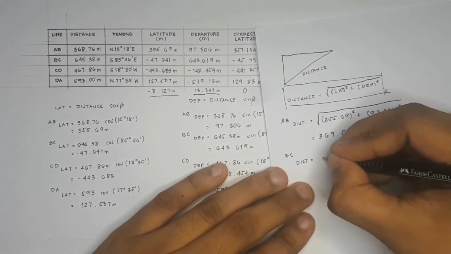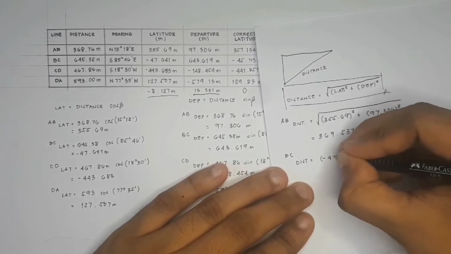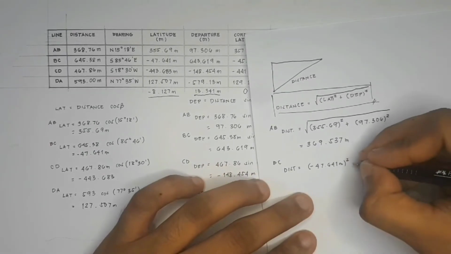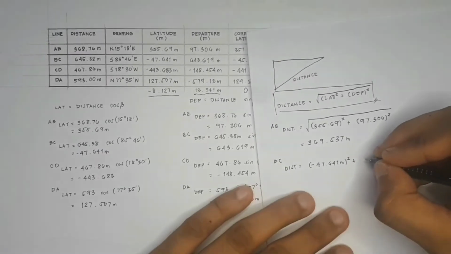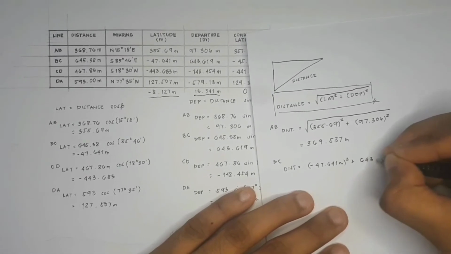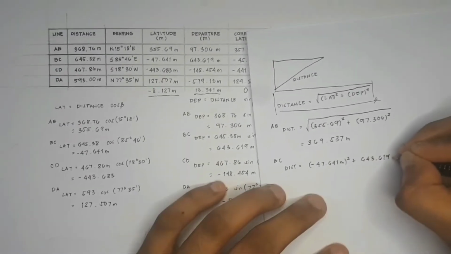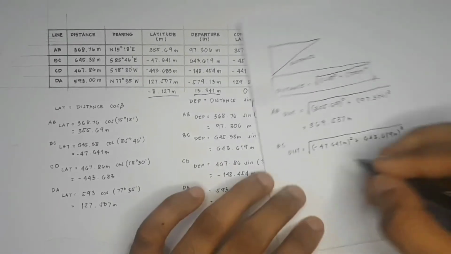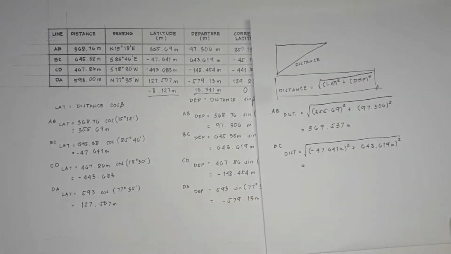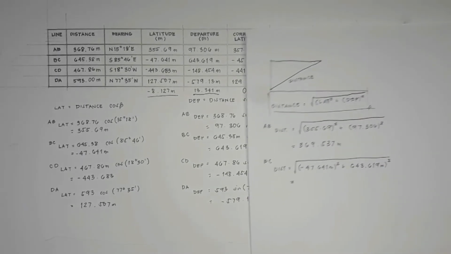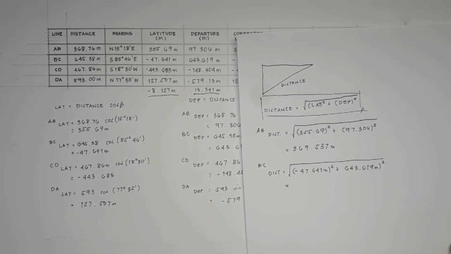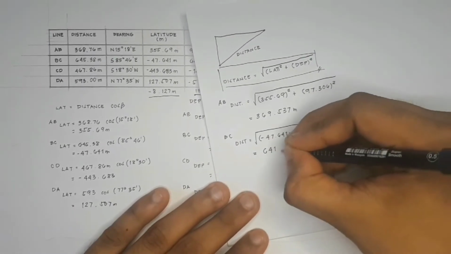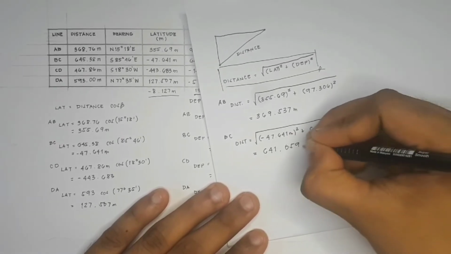So it is negative 47.641 meters squared, plus the departure, which is 643.619 meters squared, and this will give us 641.059 meters.